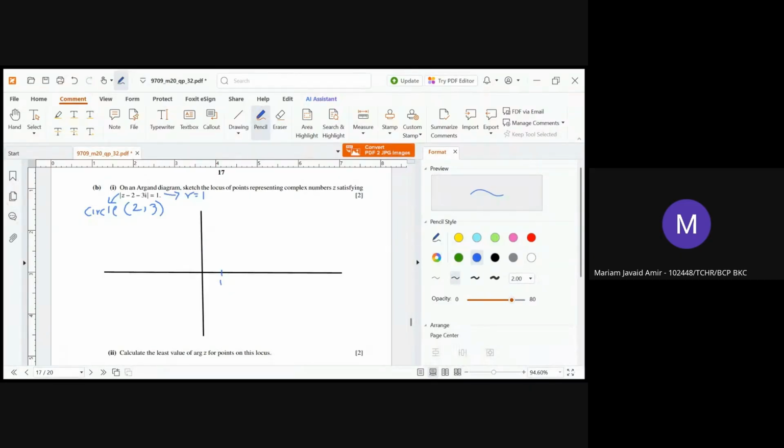This is 1, this is 2, this is 3. Maybe you could use 1 centimeter equals 1 unit, 4, 5, and so on. Label this X, and then 1, 2, 3, 4, 5, and so on. Here's 3. So our center is right here at (2, 3).